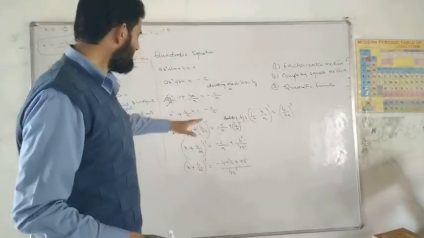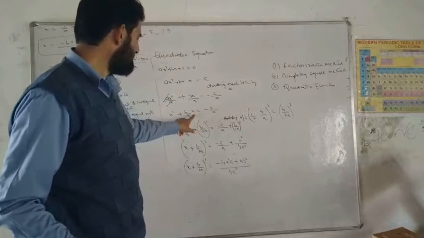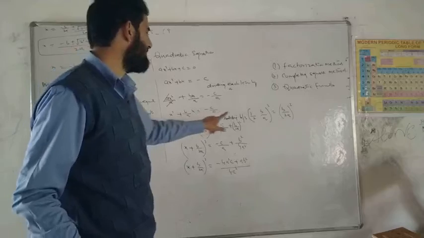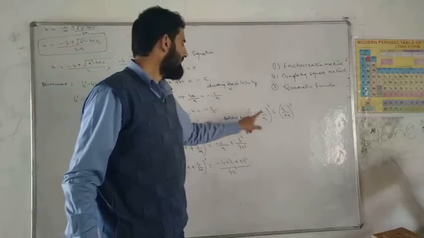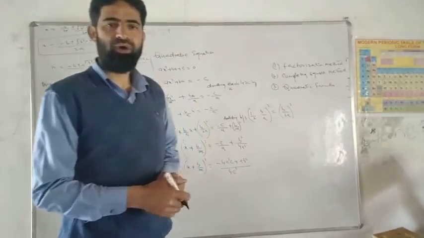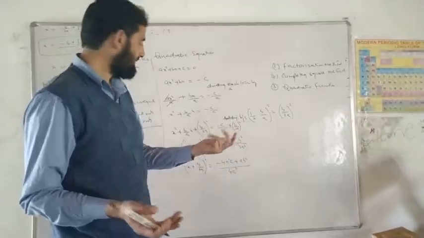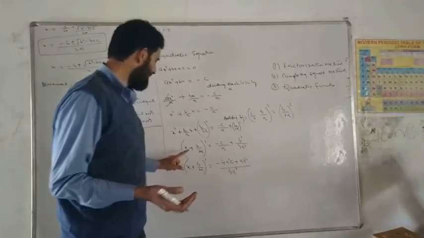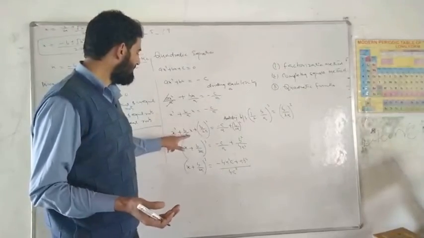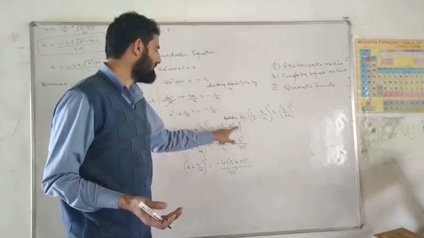Now, adding to both sides the square of half the coefficient of x, here the coefficient of x is b by a, so b by 2a whole square. This is the term that you are adding to the left hand side as well as to the right hand side, and we are left with x plus b by 2a whole square is equal to minus c by a plus b by 2a whole square.